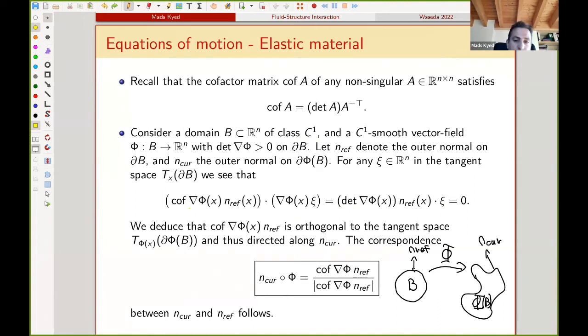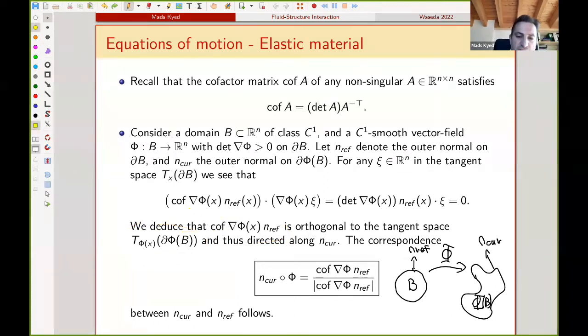Okay, so this means that when you multiply the normal in the reference configuration with the cofactor of the gradient phi, then you get a vector which is orthogonal to the tangent space of the current configuration surface.